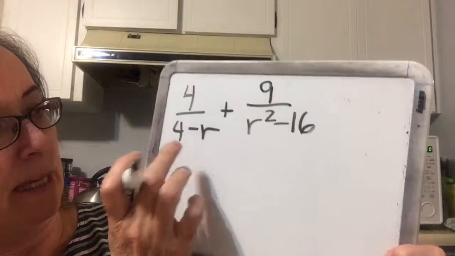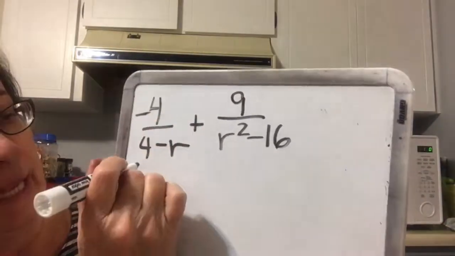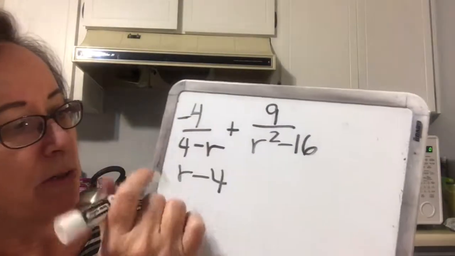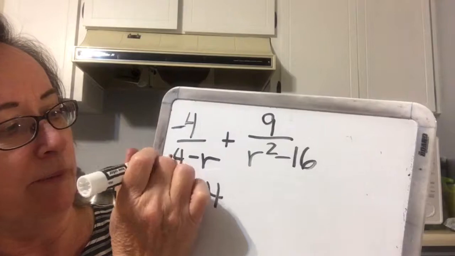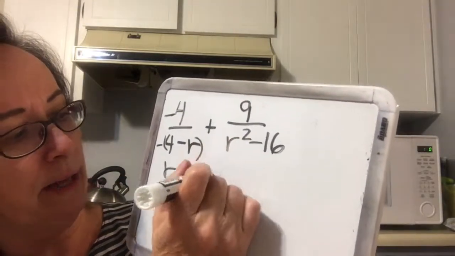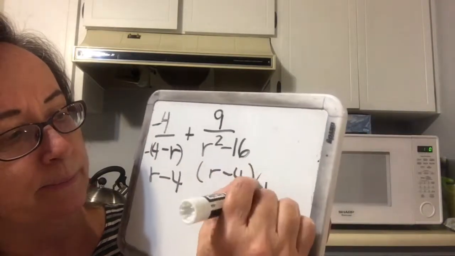is going to be, this one I would multiply by a negative on the top and a negative on the bottom. When I multiply by the negative on the bottom, it turns around. You can show it if you want to there. Okay, and then over here, this one is becoming r minus 4, r plus 4.